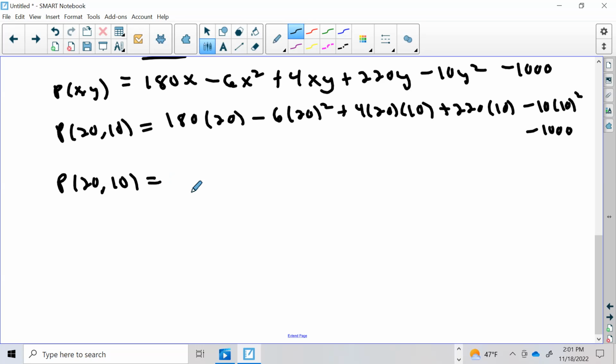Okay, and then we're just going to type this all in and we get 2,200. So this would be our profit for selling 20 standard items and 10 luxury items. So that's an introduction to functions of two variables.